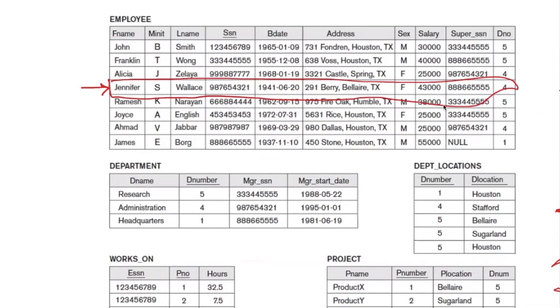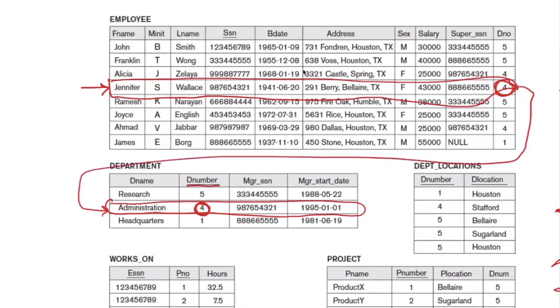From here you can understand that DNO has the value 4. So this is a tuple which refers to the department relation. Which department? Department number 4. Which one is department number 4? It means this one, Administration, because its department number is 4. This value here and this value here, this is the primary key. So the foreign key of employee, DNO of employee, refers to this tuple here.